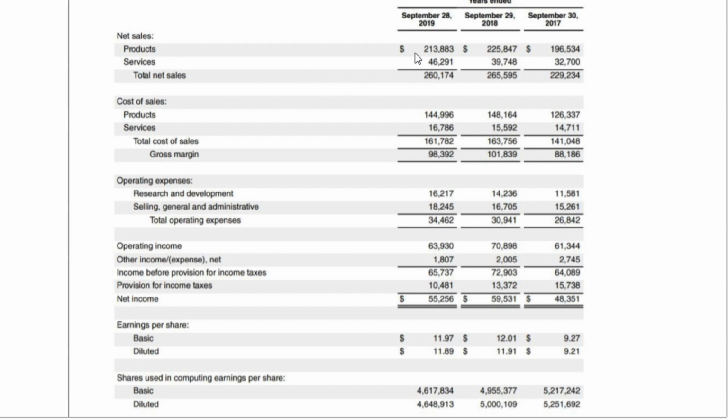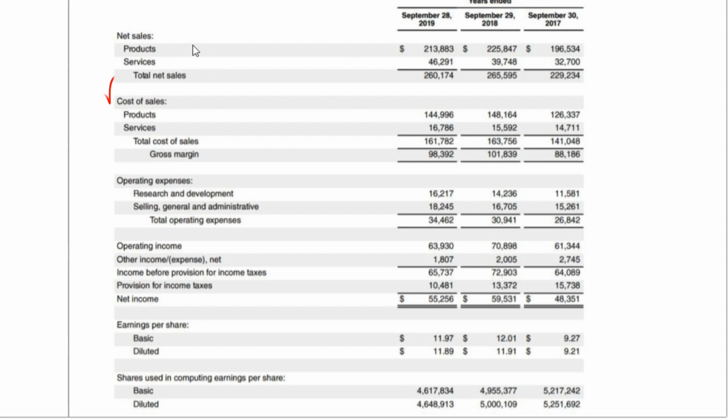So we can't just go off of this number because we need to know how much money they had to spend to make this number, to make this revenue. So here, the first line is basically the direct cost that it cost them to make this.